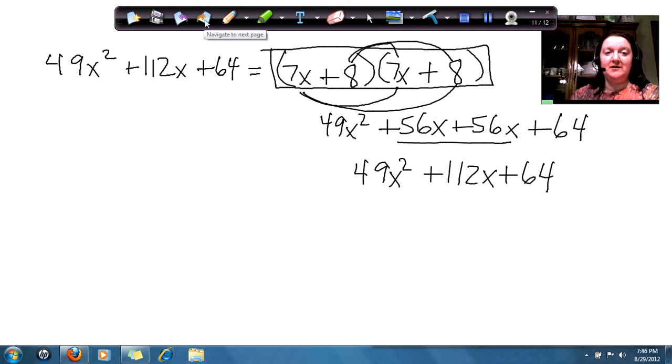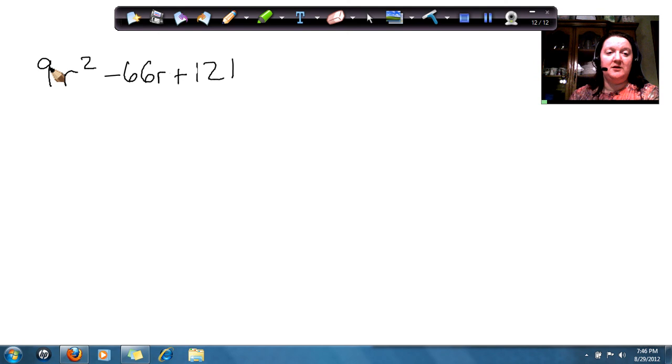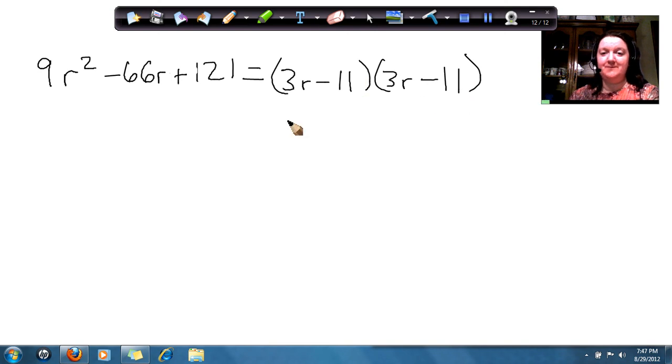Let's look at our next example. Here we have a 9 and 121. Now the square root of 9 is 3, and the square root of 121 is 11. So let's use that information. We'll have 3r, 3r. And because this is negative, I'm going to use a negative here, so minus 11, minus 11. So let's check to make sure that we factored it correctly.